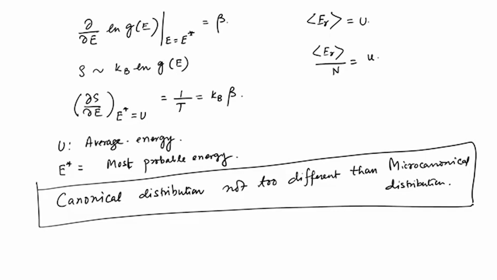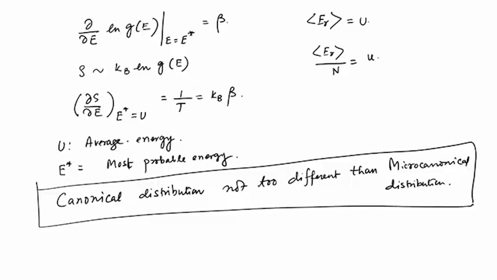In a microcanonical ensemble, you wanted to calculate the number of microstates at an energy E, or at best between an energy E and E plus delta, where delta is much smaller than E, which means that in a very thin shell of energy you wanted to calculate the number of microstates, and from the number of microstates you wanted to calculate the entropy and various other things.